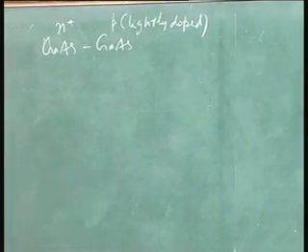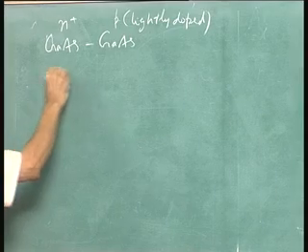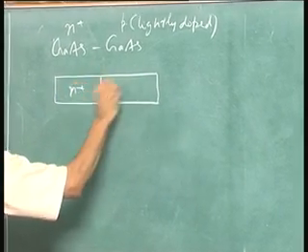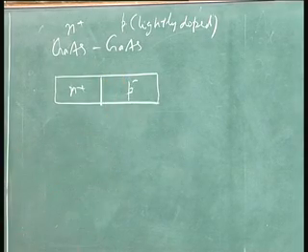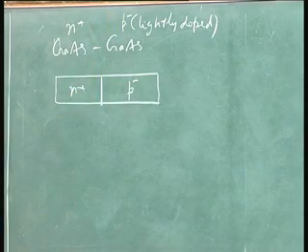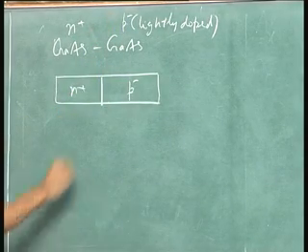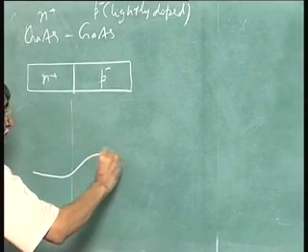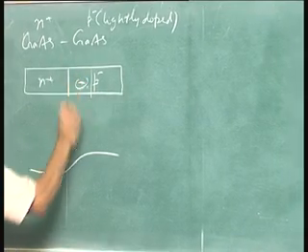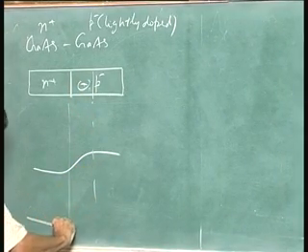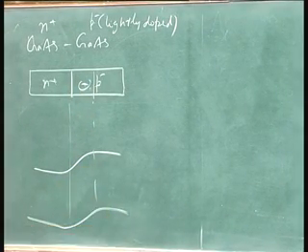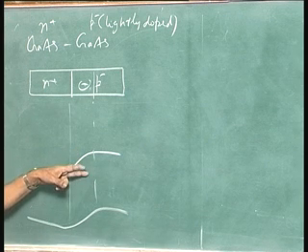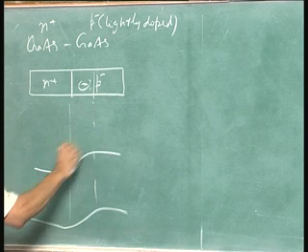What happens is here it comes down like this. Then if it were the same built-in potential, how would it have gone? Like that. What happens if it is the same distribution? Same potential barrier as gallium arsenide. Then this is at a higher level, thermal equilibrium, this is at a lower level, the whole thing is pushed down. Then more transfer of electrons from the aluminum gallium arsenide to gallium arsenide. If more transfer takes place, what happens to this? That will come there like that.